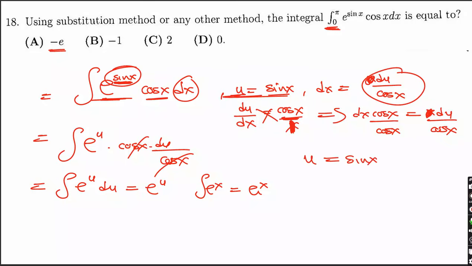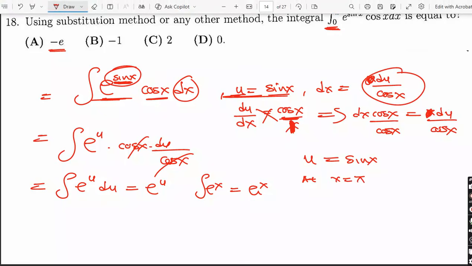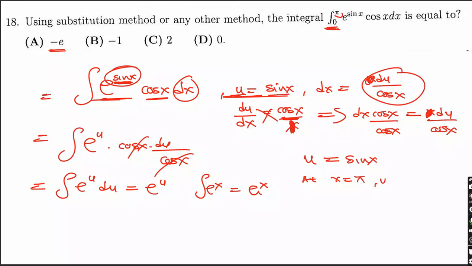So what is going to be the value of u when x is equal to pi? When x is equal to pi, the value of u is going to be equal to sine pi, which is sine 180. It is just going to be equal to 0.